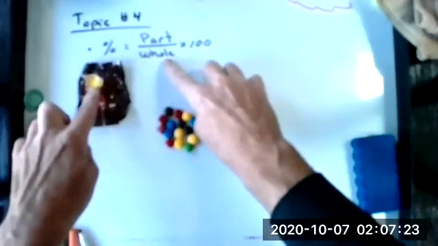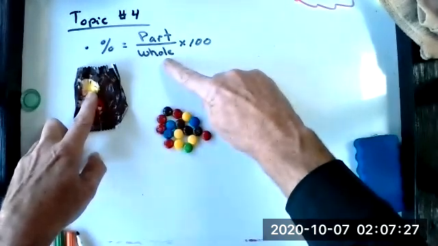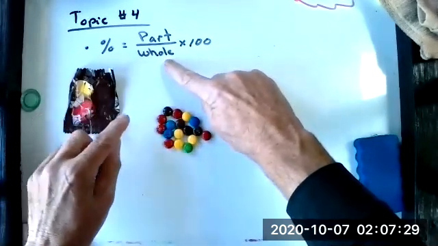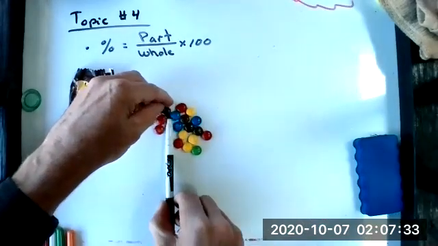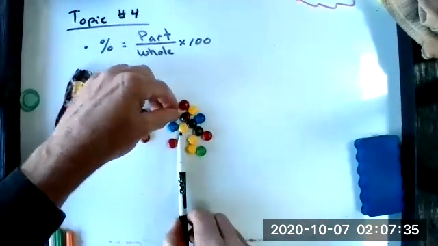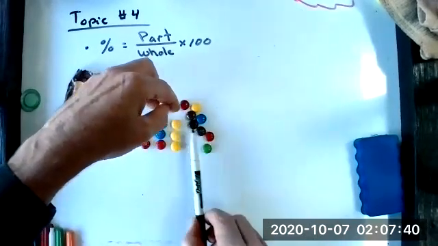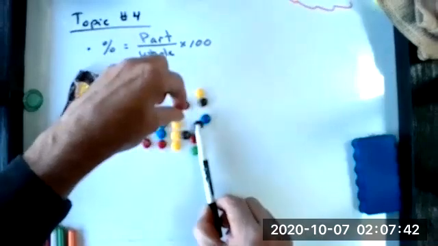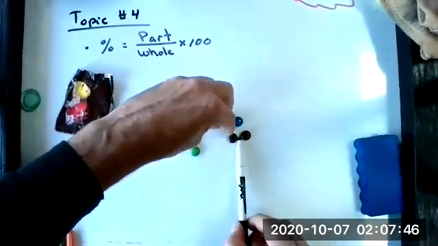In this whole bag of M&Ms, let's see how many we really had. What was the whole? Which means now I grab the bag of M&Ms and I simply want to count how many we have. I'll just put them in threes so it's easy for you to count.